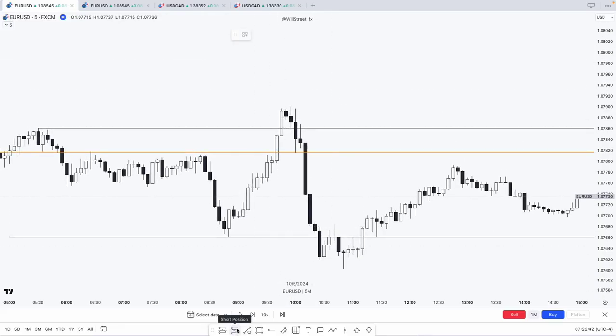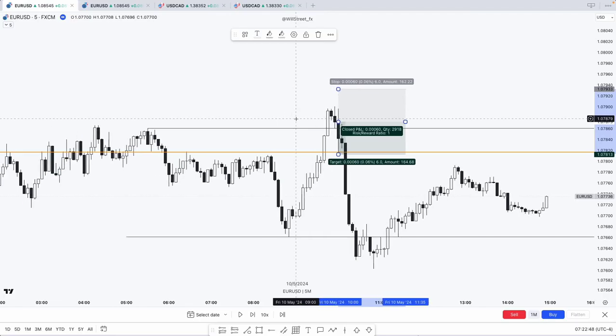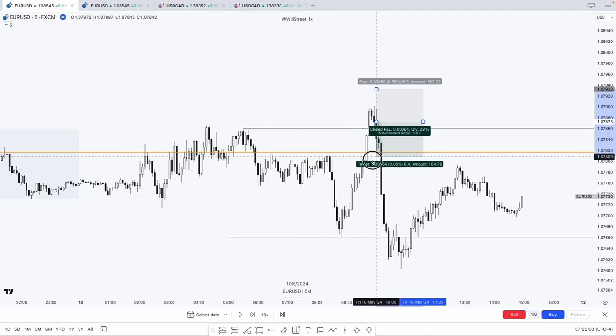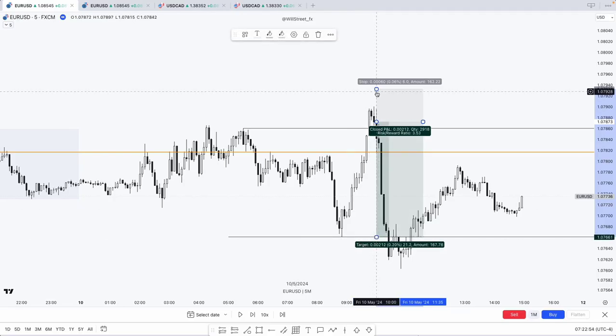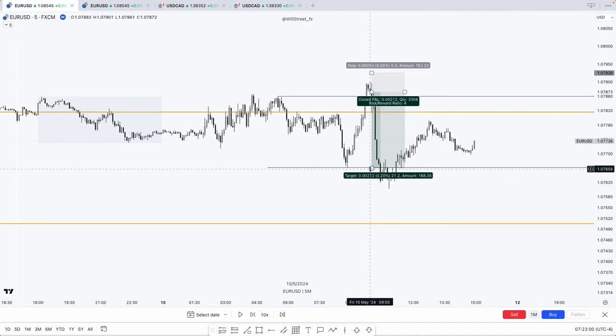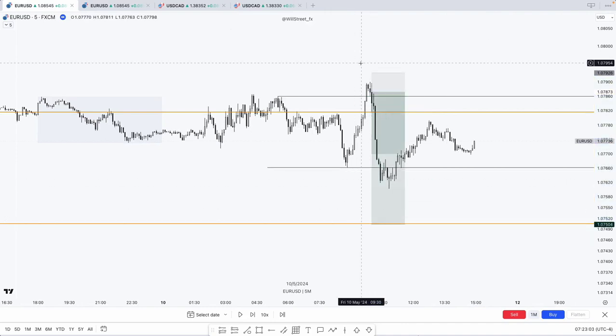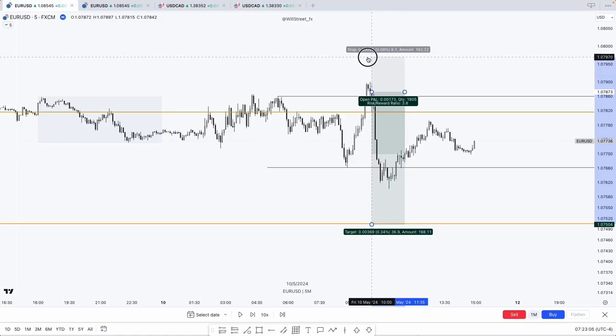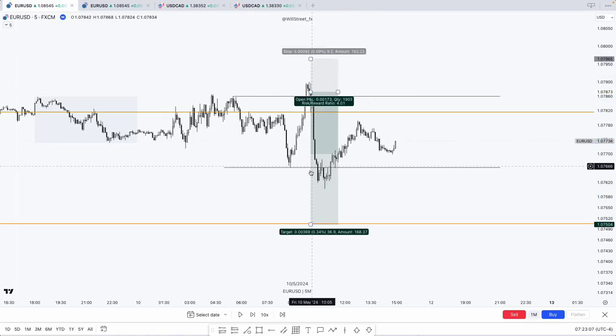So what is our short? Well, anything before the news. 1 minute before, whatever you want. What is our take profit? This could be a good one because with this news we can expect moves for hours. But if we want to play big, this could be our take profit and our stop placement.